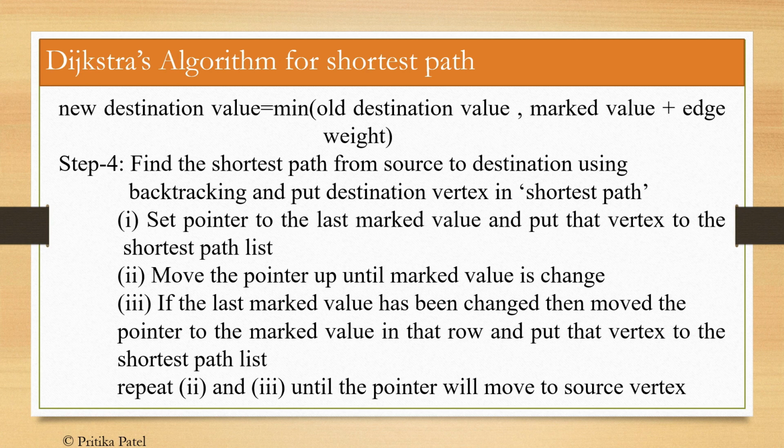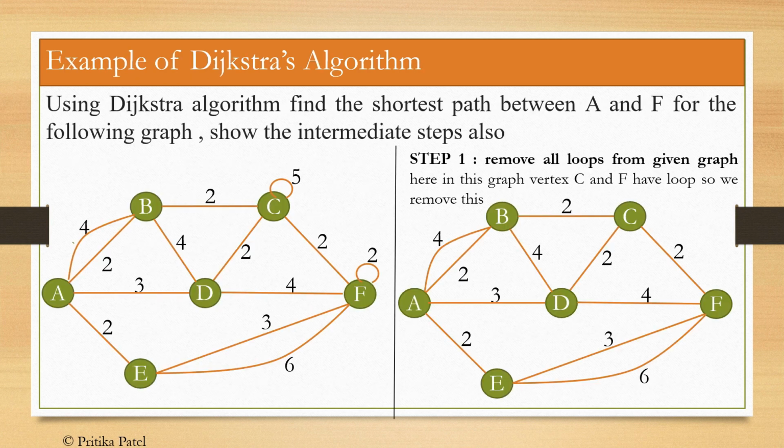If the marked value has changed, then move the pointer to the marked value in that row and put the vertex in the shortest path list. Repeat steps 2 and 3 until the pointer moves to the source vertex.